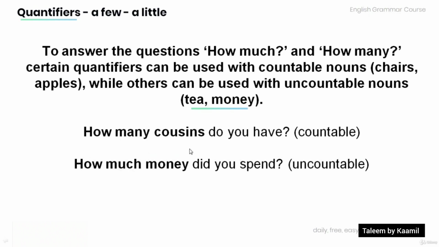How many cousins do you have? The quantifier many in the sentence is used with a countable noun, cousins. But in the sentence, how much money did you spend? The quantifier much in the sentence is used with an uncountable noun, which is money.